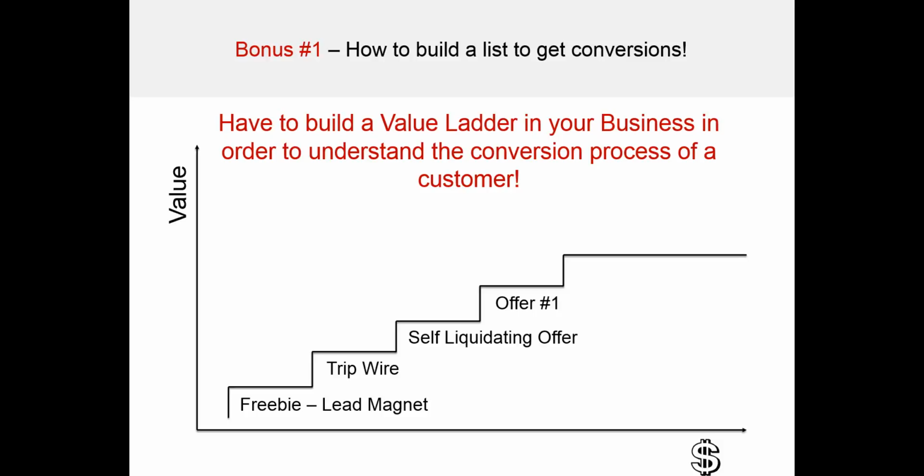Then we go to the self-liquidating offer, which helps you offset the cost of your marketing. That might be just in a bundle package that's a little bit more than the tripwire that you sold. Then you have an offer. Maybe it's a bigger offer package. And then you go to the next offer. And then finally, you create a lifelong customer, because you've built so much value in that conversation.